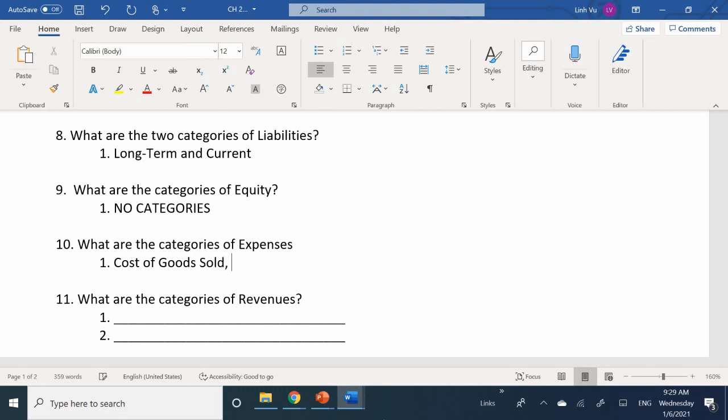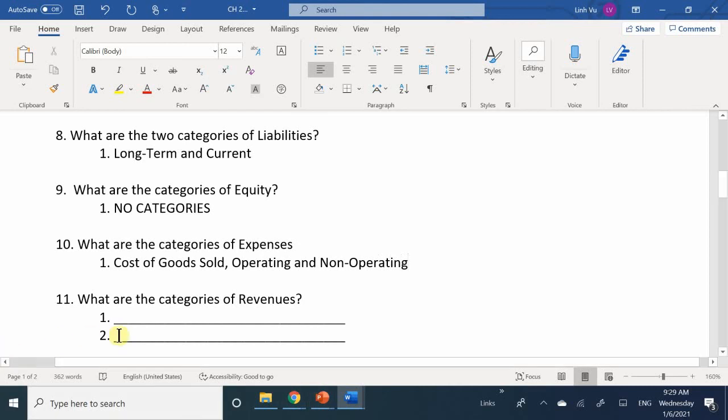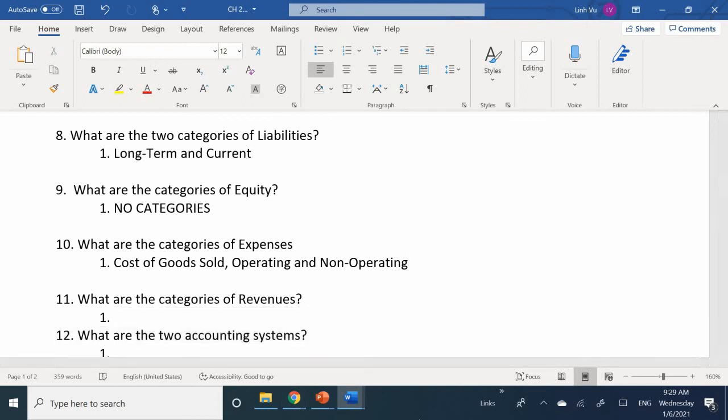And then you have operating and non-operating. Okay. And then lastly, no, okay, not lastly, what are the categories of revenues? Sale of products and sale of service. Okay, now there's actually other income, right?